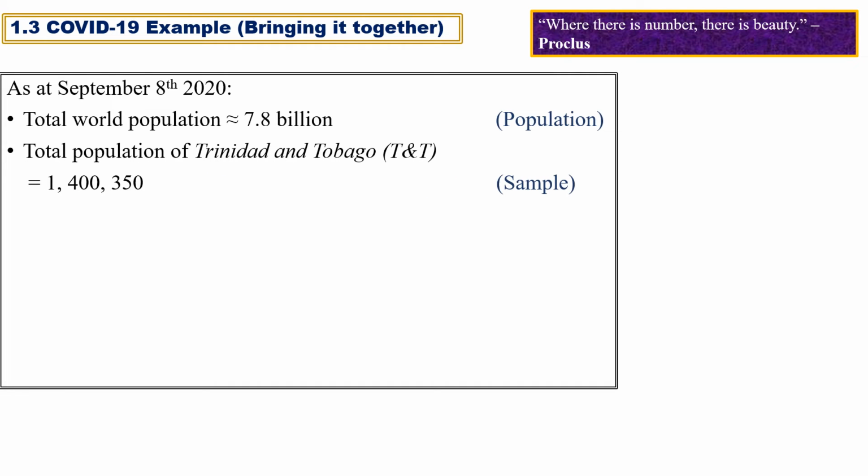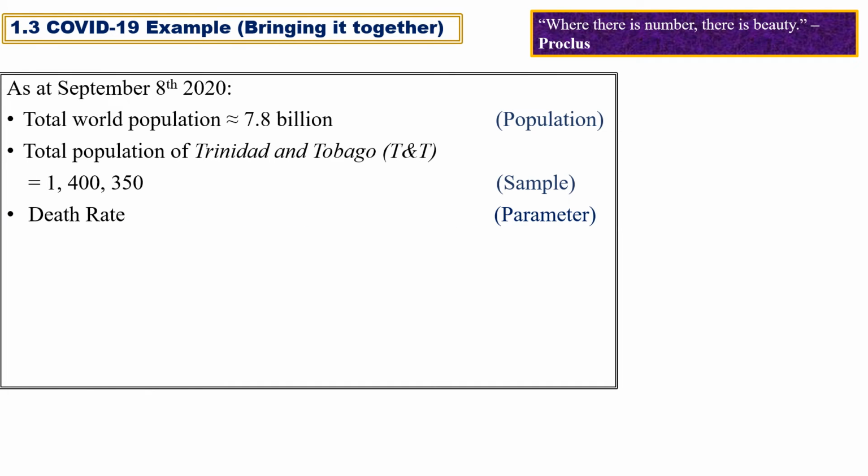The total population of Trinidad and Tobago, TNT, was 1,400,350. This constitutes our sample because this is actually a subset of the population. The total population of the world, 7.8 billion, and well, we roughly have 1.4 million in Trinidad and Tobago.